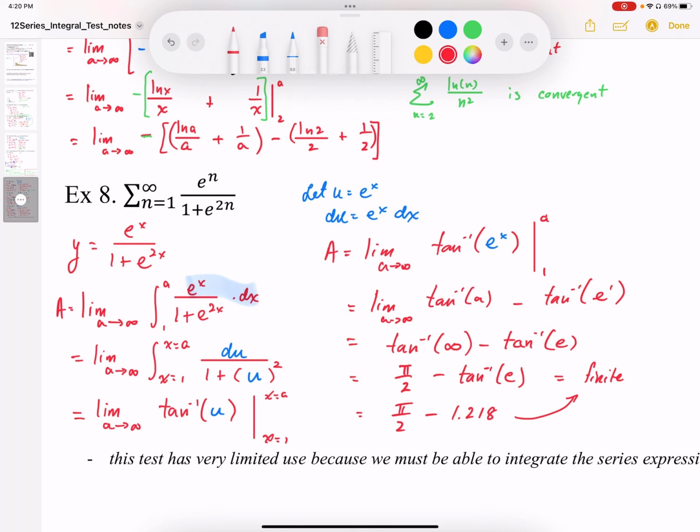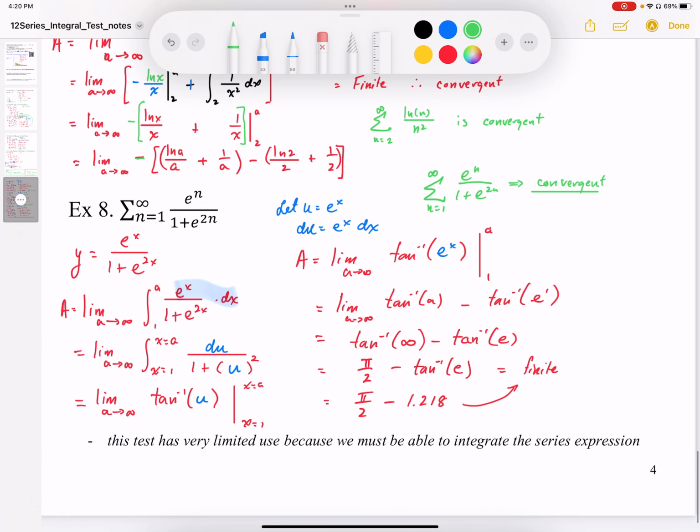So if the integral is finite, we know that the series is also finite. So the series from 1 to infinity of e to the n over 1 plus e to the 2n is convergent. Okay, so that's our conclusion for example 8.